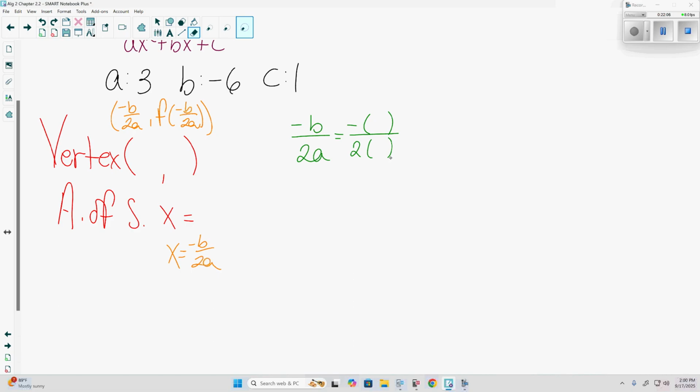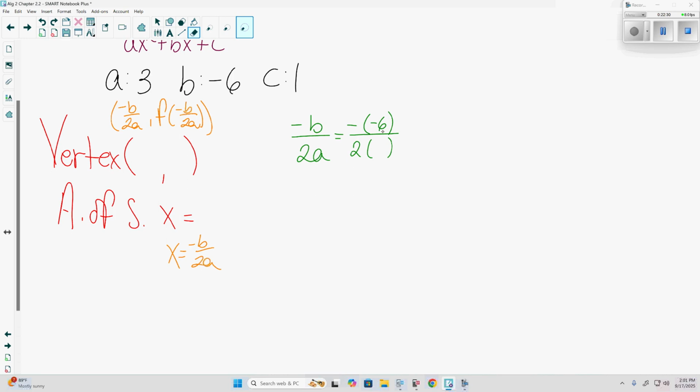If you want, we can look more in depth at it later, but for this here, really understanding how we go from it isn't as important at this point. So to find the x value of the vertex, we need to find the value of negative b over 2a. What is the value of b? Negative 6. So I'm going to put it in place of b.